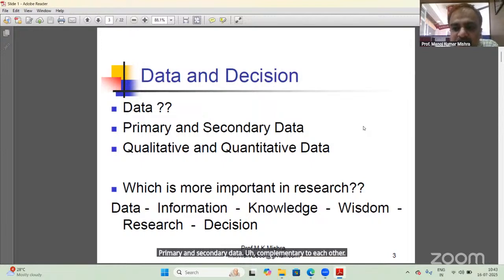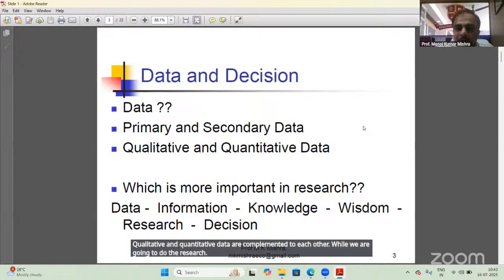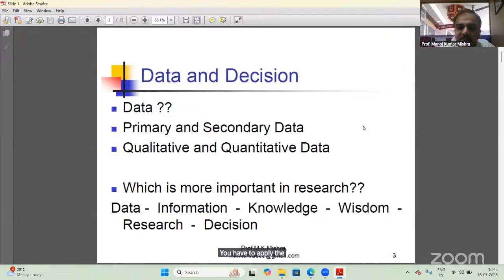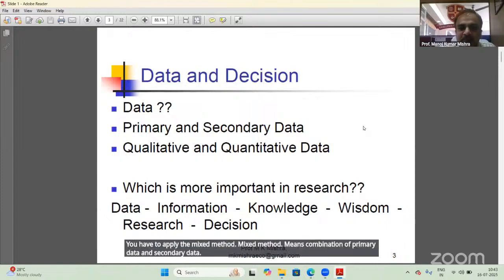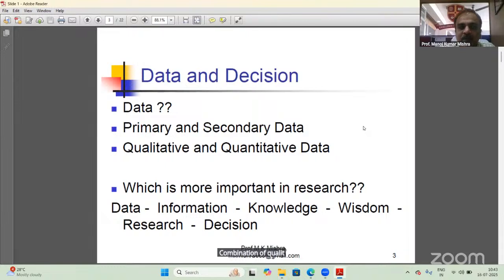They are not competitive. In the same way, qualitative and quantitative data are complementary to each other. While you are going to do research, you have to apply the mixed method. Mixed method means a combination of primary data and secondary data, and a combination of qualitative and quantitative data. That is important while doing research.